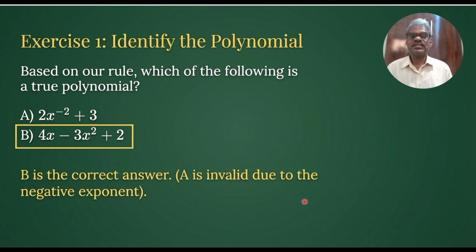So just as we have discussed, B is the correct answer and A is invalid due to the negative exponent. Again, in B, all variable powers are whole numbers and therefore B is the correct answer.